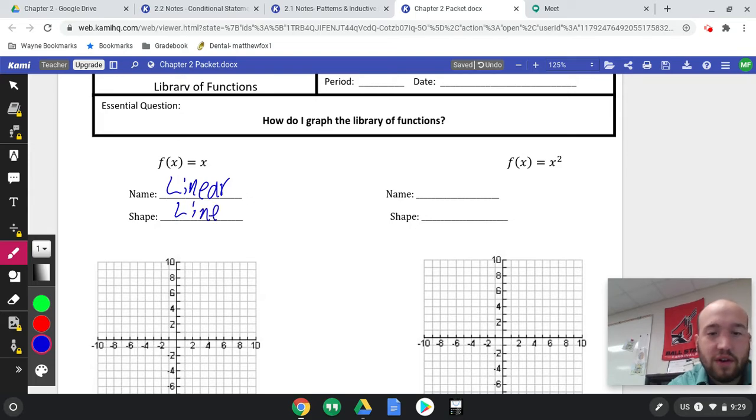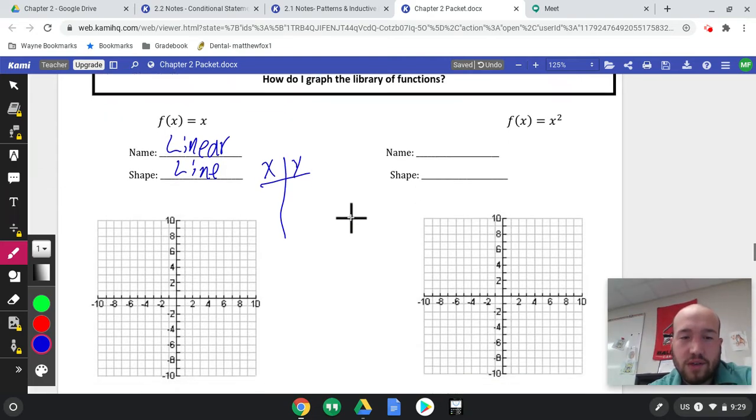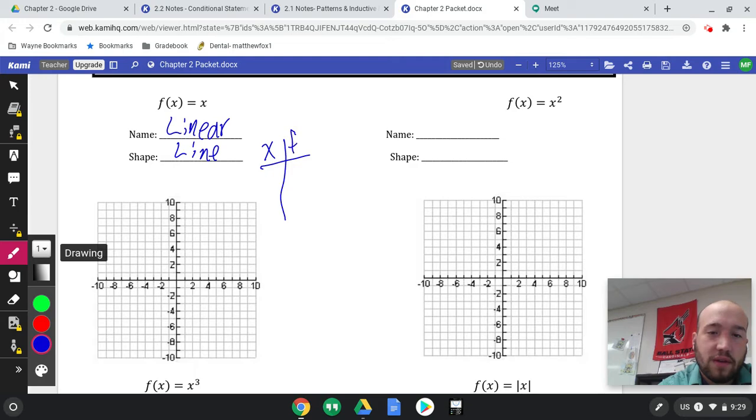Now, to graph all of these, this first time at least, we're going to make a t-table, or t-chart, for our x and our f of x. Meaning, if I plug in a 0 for x, 0 will be my answer. If I plug in a 1, I get 1.